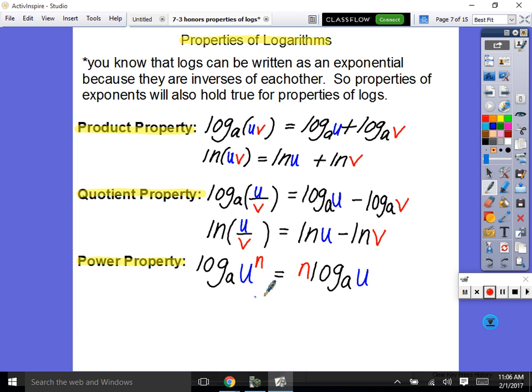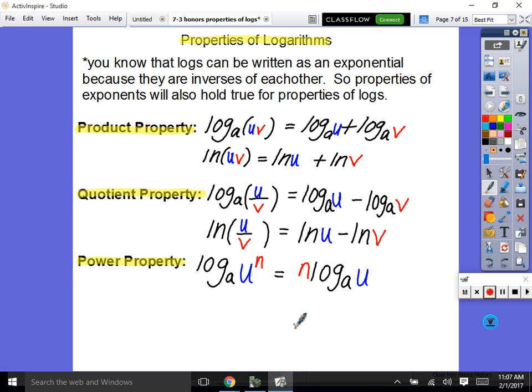Same with ln, the rule is still the same. Now, here's raise a power to a power, and you multiply. Notice they're taking the n and pulling it out and multiplying it in front. You're always going to see me draw this and pull it down. It's multiplying in front. So raising something to a power n, you multiply. So that comes in front and is multiplied.